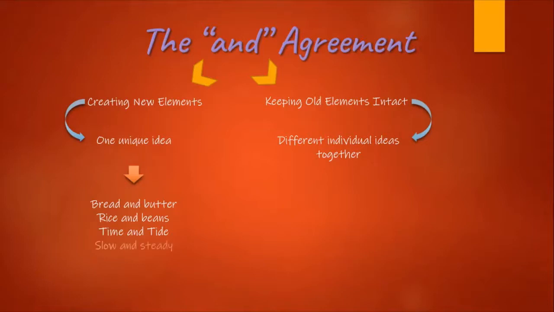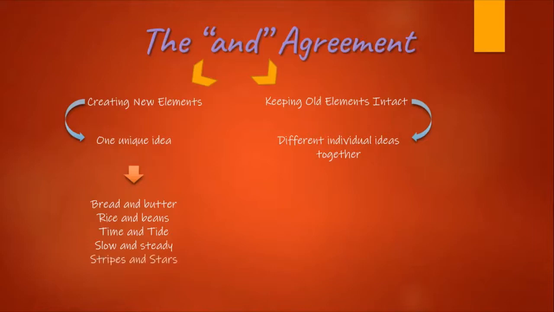Similarly, if we talk about slow and steady, or slow but steady, you are talking about a unique quality, right? Which helps you win. Slow and steady wins the race. So when you talk about being slow and steady, you are not exactly suggesting two different qualities. You are suggesting these two qualities as one unique idea.